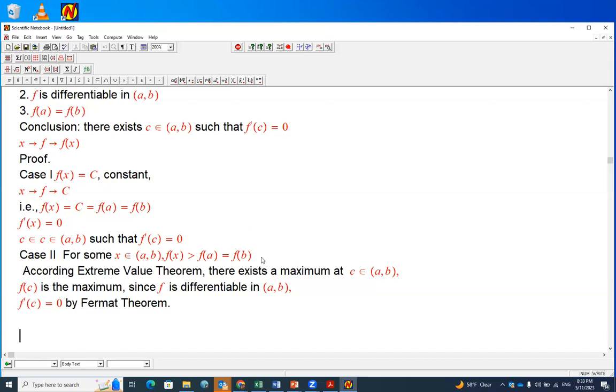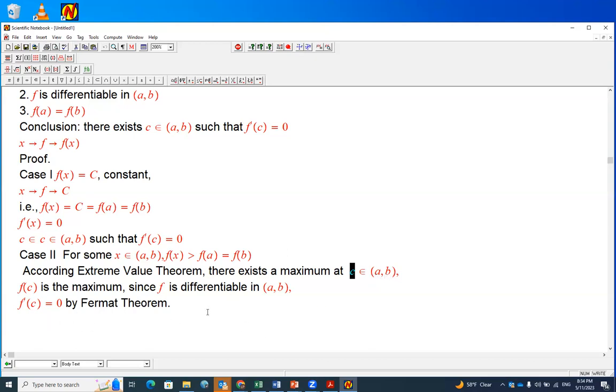So here we use the second case, that it's not a constant. If it's not a constant, then we have a value that's larger than f of a and also larger than f of b. Then according to extreme value theorem, a maximum exists, and that maximum must be between a and b.